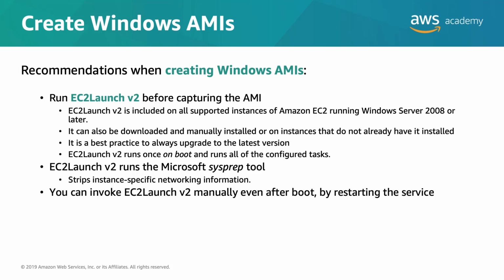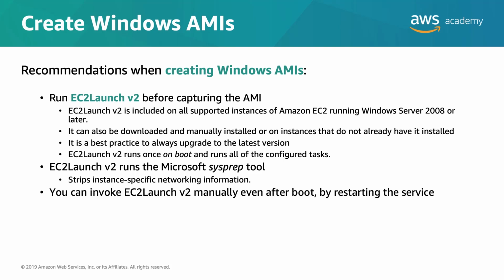It can also perform tasks on demand. Some of these tasks are automatically enabled, while others must be enabled manually. You can change the default settings using the EC2 Launch v2 settings dialog box, which can be launched from the Windows Start menu. You can also configure it using the EC2 Launch CLI command.